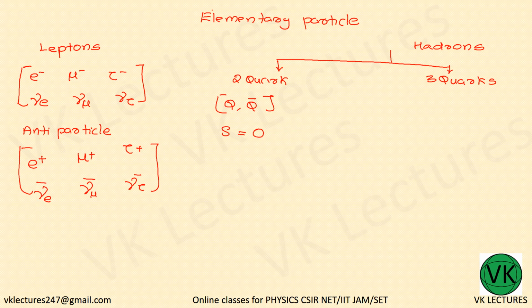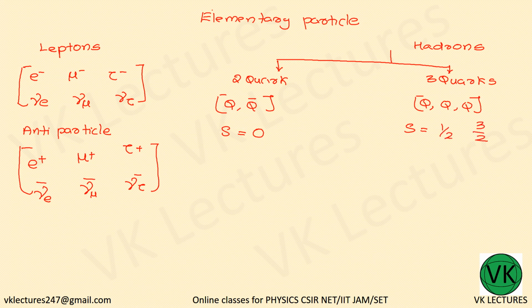For 3 quarks it is quark, quark and quark. No antiparticle exists, so spin is either half or 3 by 2.